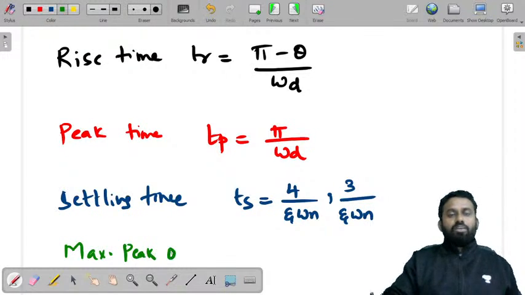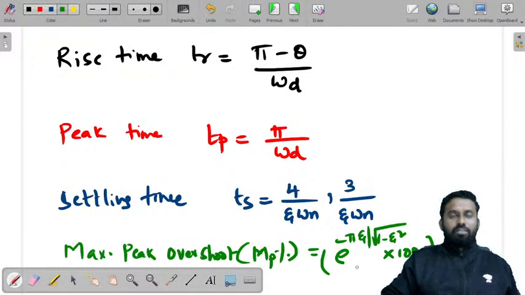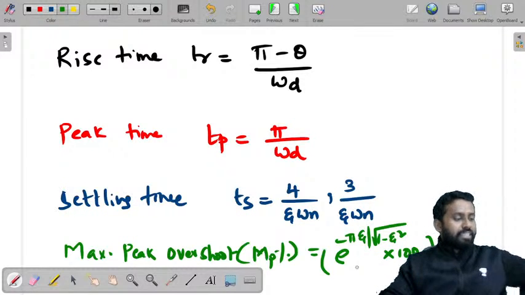Maximum peak overshoot, that is MP in percentage, is equal to e power minus pi zeta by under root of 1 minus zeta square, into 100. Right? So this is what we have done. This is one of the important questions that is generally asked in the exams.